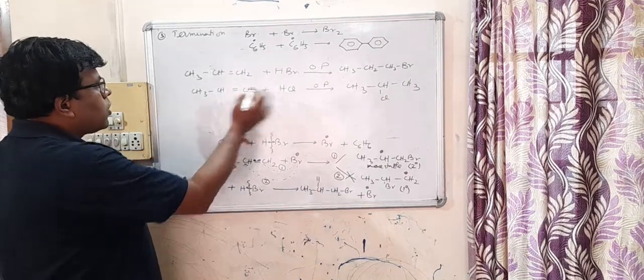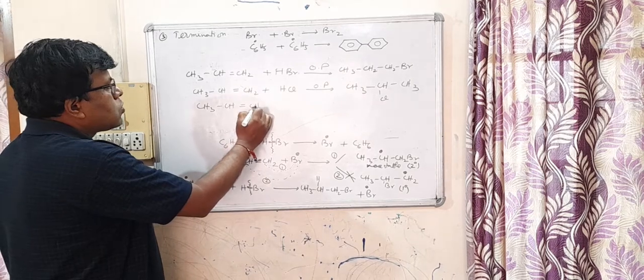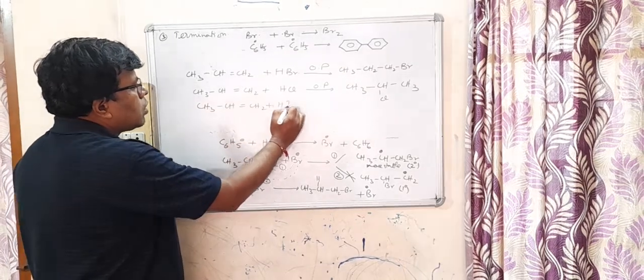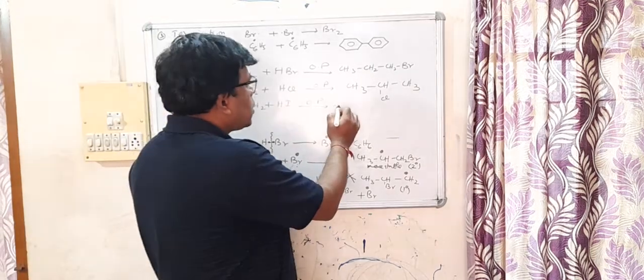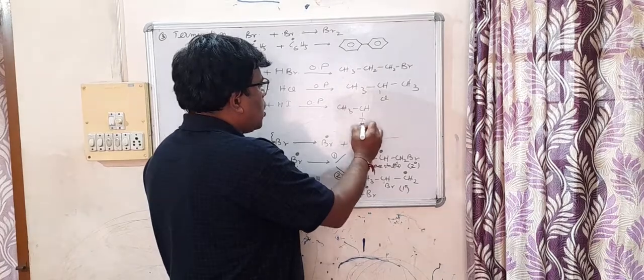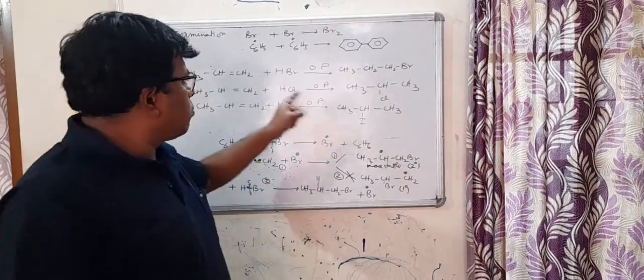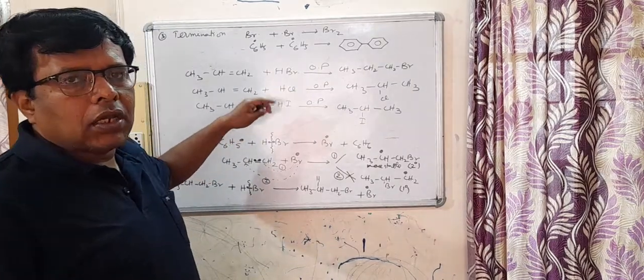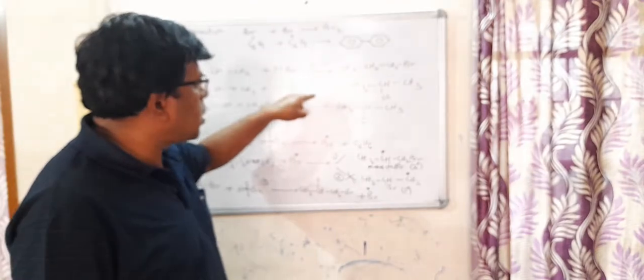Or for example, if you consider CH3 CH double bond CH2 plus HI in presence of organic peroxide, then you will get CH3 CHI CH3. So with HCl and HI, normal Markovnikov addition takes place even in presence of organic peroxide.